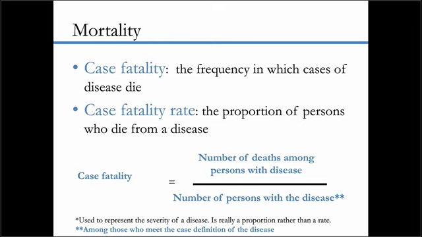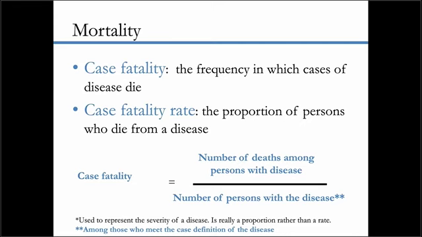What's really important is that anybody that we're including in this calculation has to meet the case definition for that particular disease. So if you don't remember what goes into a case definition, make sure you go and review what that is. The case fatality rate, or case fatality, is used to represent the severity of a disease.